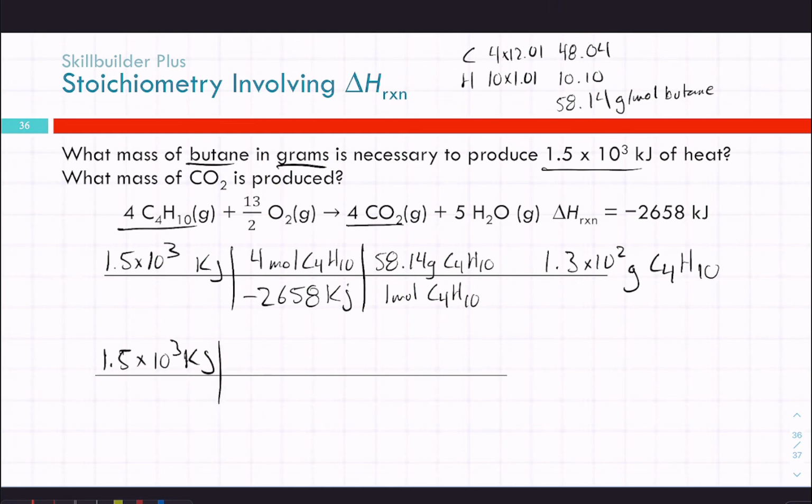So a ratio here is going to be the ratio from joules of heat to the molar ratio in the chemical equation, which is also 4, but 4 moles of CO2.